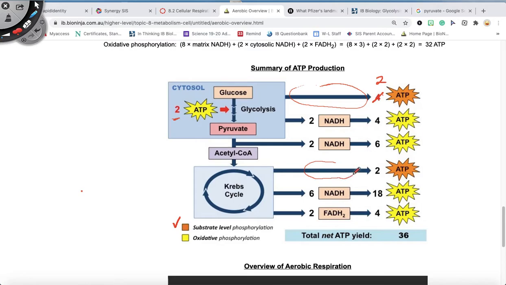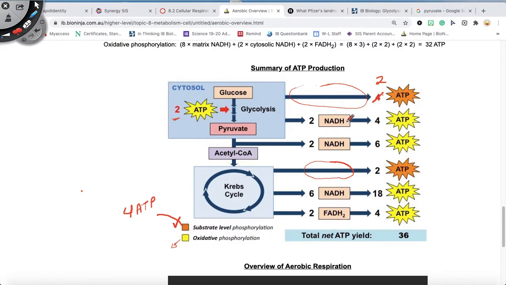Substrate level phosphorylation also happens in the Krebs cycle, where you also get 2 molecules of ATP. If you add these up, you get 4 molecules of ATP made by substrate level phosphorylation in cellular respiration. But look at oxidative phosphorylation, which is what we're going to focus on with the electron transfer chain.